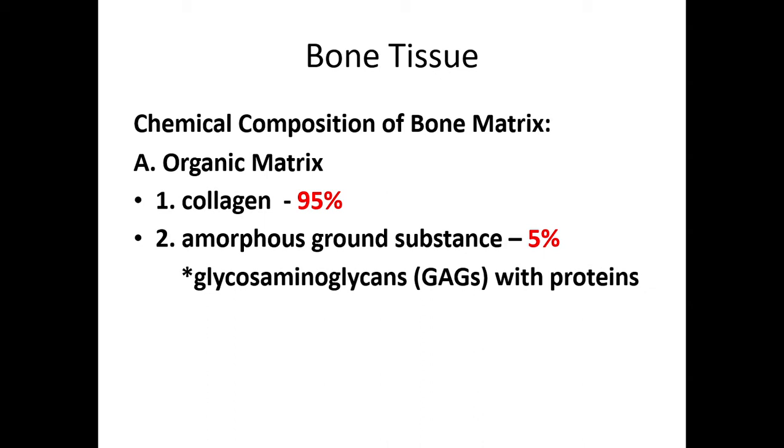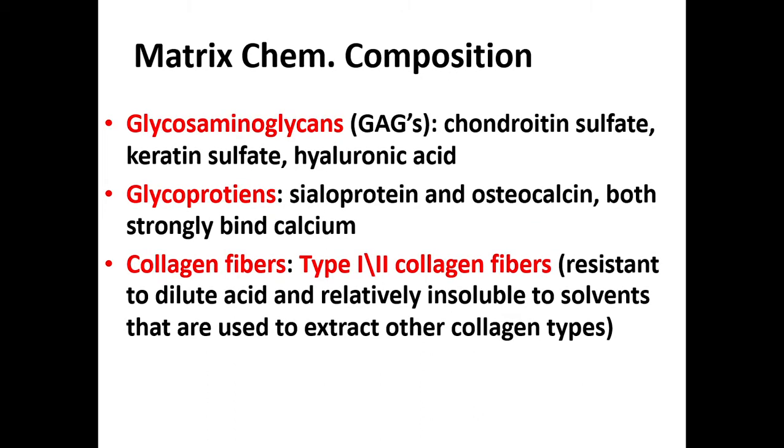Let's go into the chemical composition of the bone matrix or the ECM. It is made up of organic matter, or we call that organic matrix, wherein 95% is collagen and the amorphous ground substance is only 5%. The amorphous ground substance is the ECM and chemically made up of glycosaminoglycans or GAGs with protein.